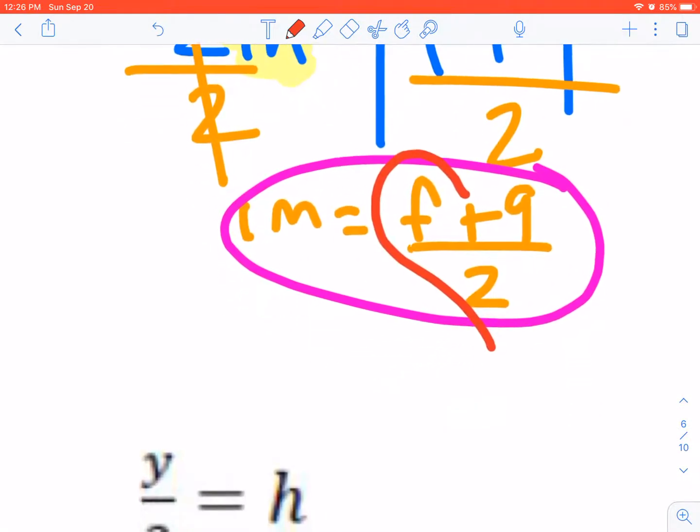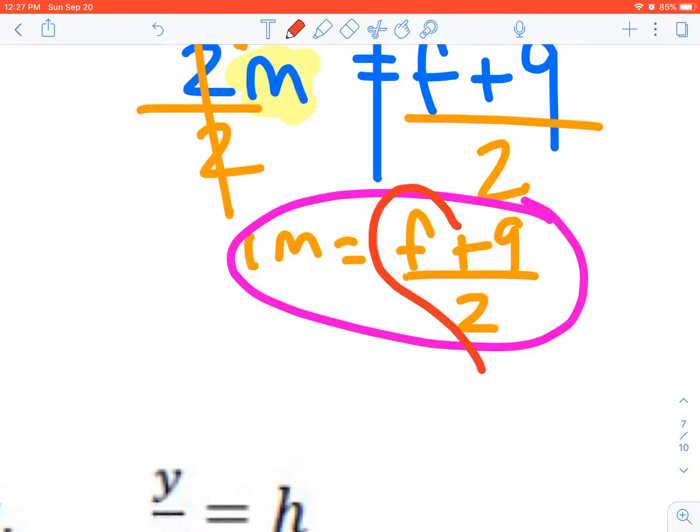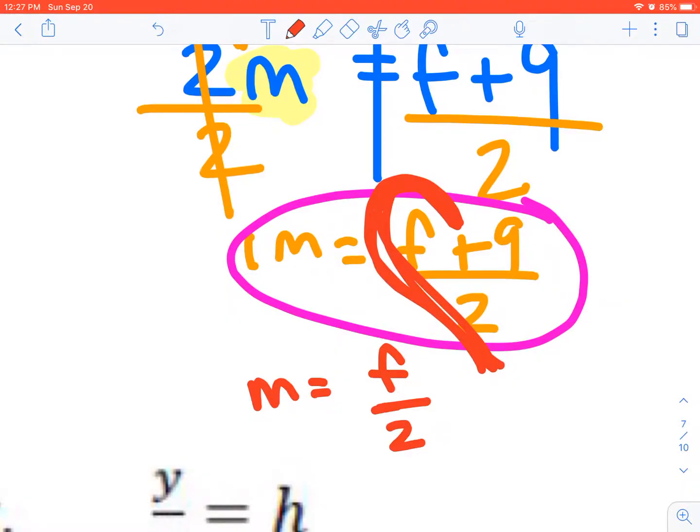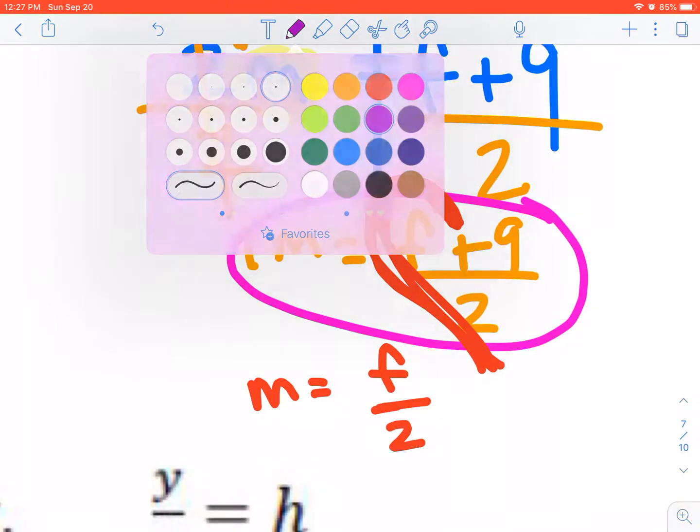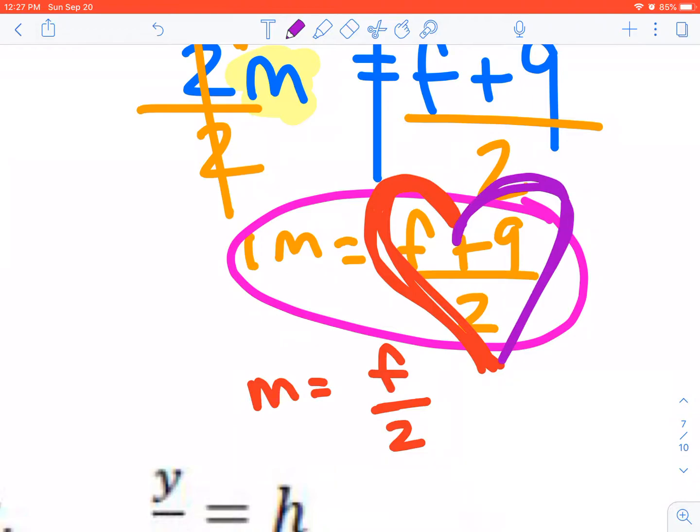If the entire side is being divided by 2, we can say that each piece needs to be divided by 2. So we can say m equals f divided by 2, and that's this part that I just did right here. And then you can also go to the other side and say a positive 9 divided by 2.